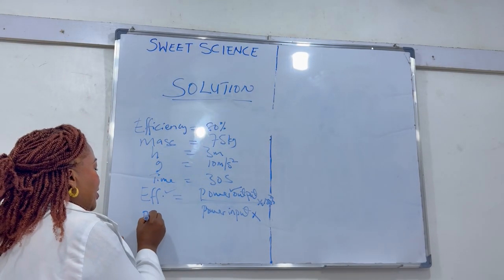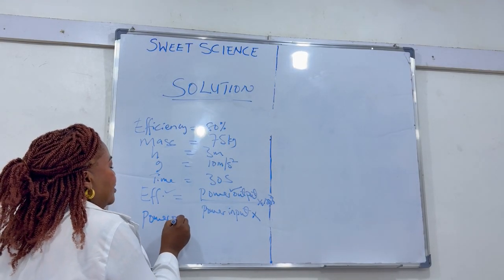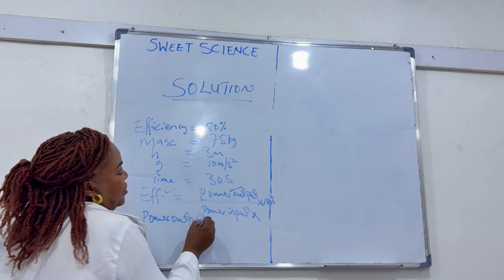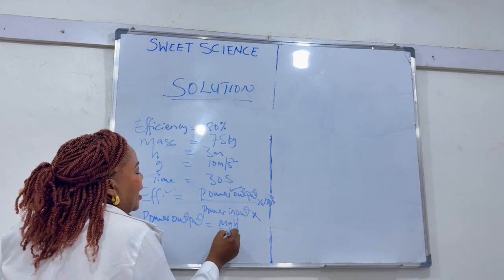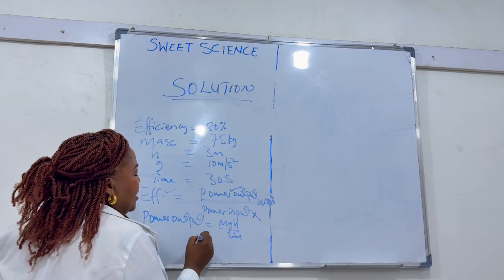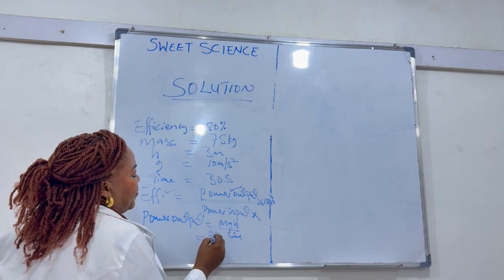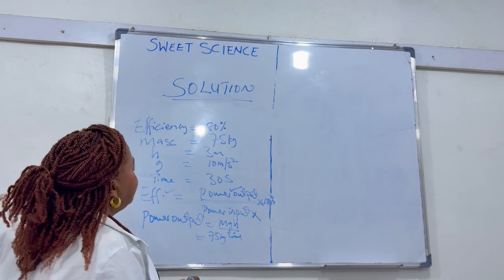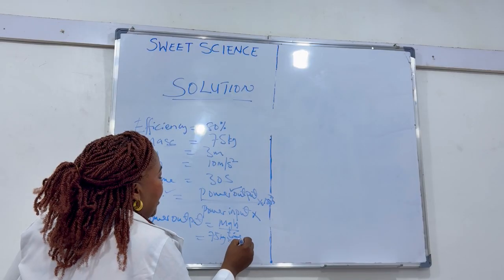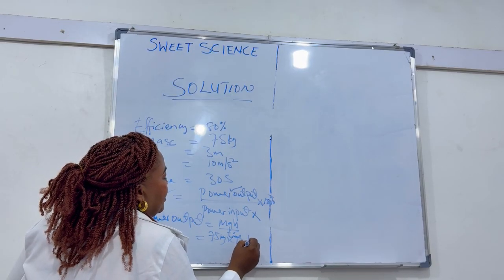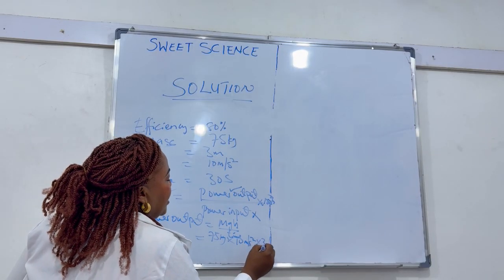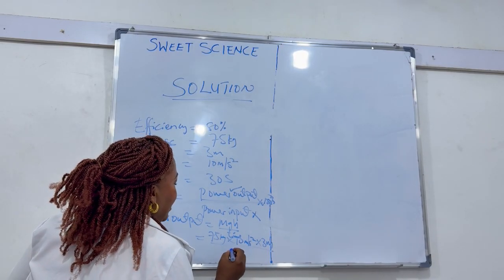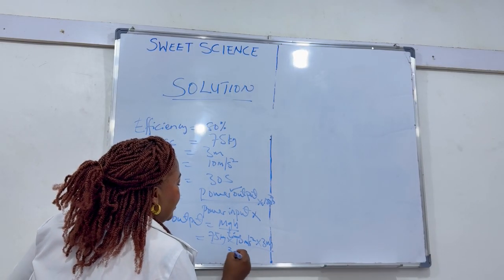We now have power output is equal to mgh all over time, and this is mass is 75 kilogram times 10 meter per second squared times h, which is 3 meters all over 30 seconds.